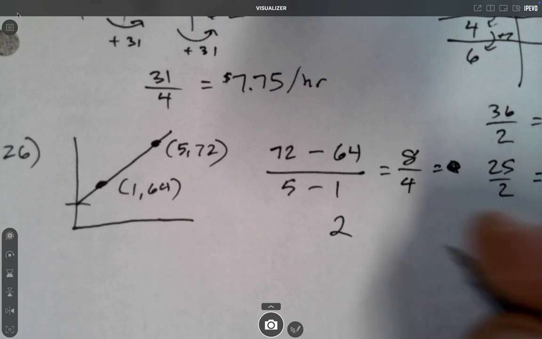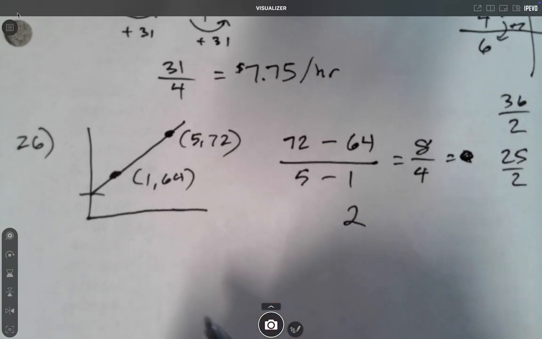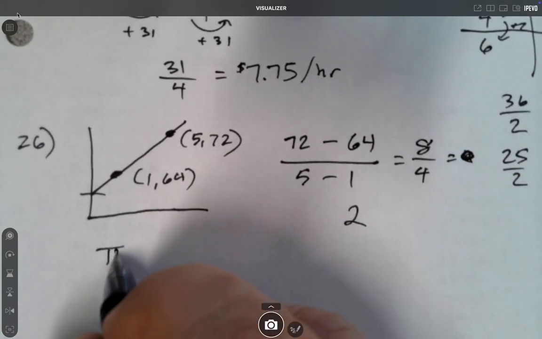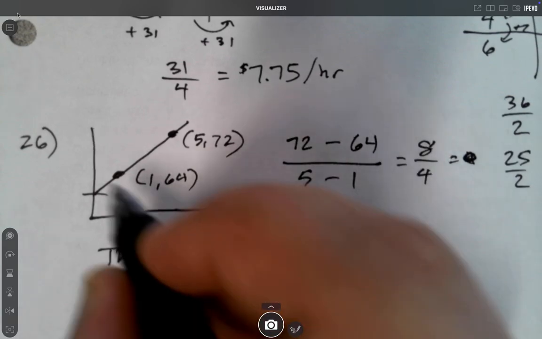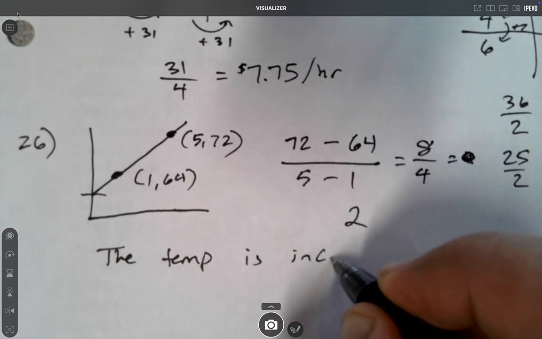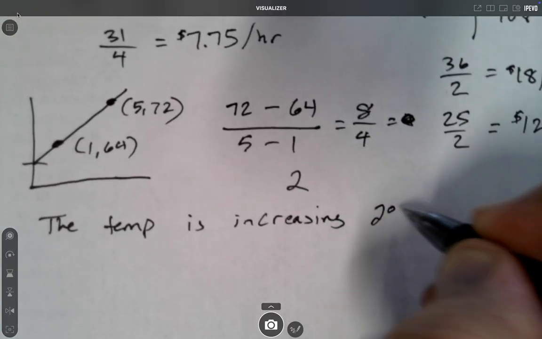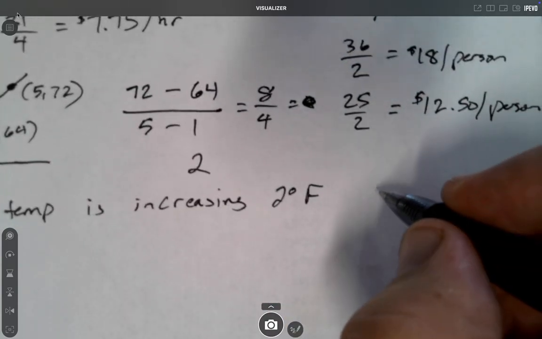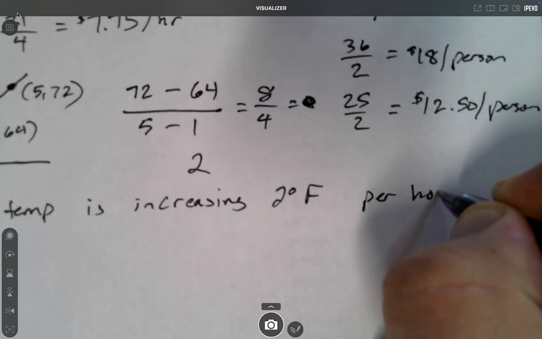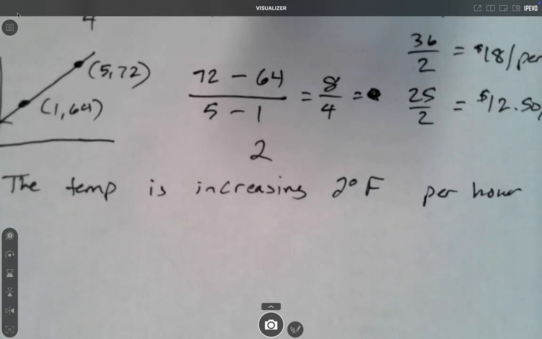So that means the temperature is increasing by 2 degrees per hour. I know it's increasing because the graph is going uphill, also because the slope is positive. That means it's increasing. It's Fahrenheit, 2 degrees Fahrenheit per hour. So the rate of change of that graph is 2. That means the temperature is rising 2 degrees Fahrenheit per hour.